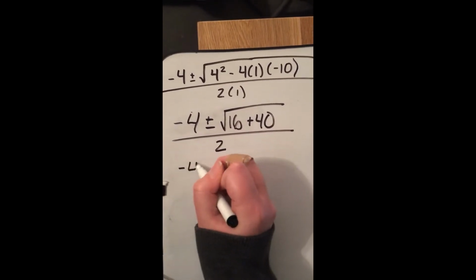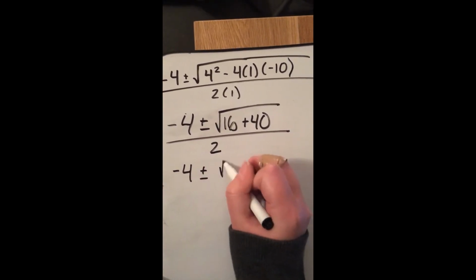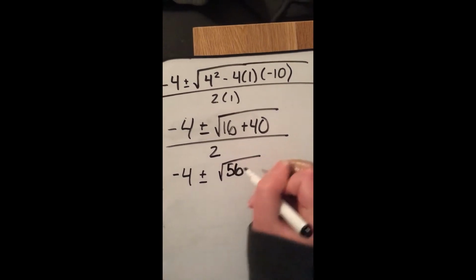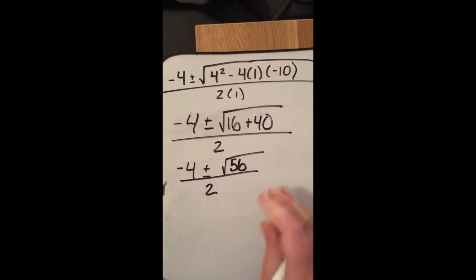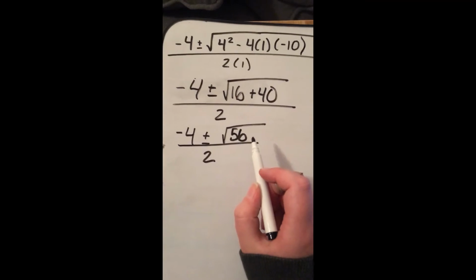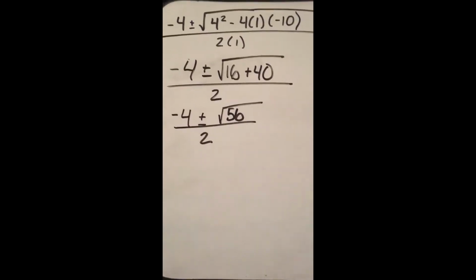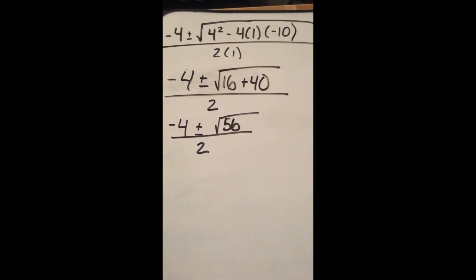So negative 4 plus or minus the square root of 16 plus 40, which is 56, divided by 2. You can't take the square root of 56 for this equation because it's going to turn into a decimal.